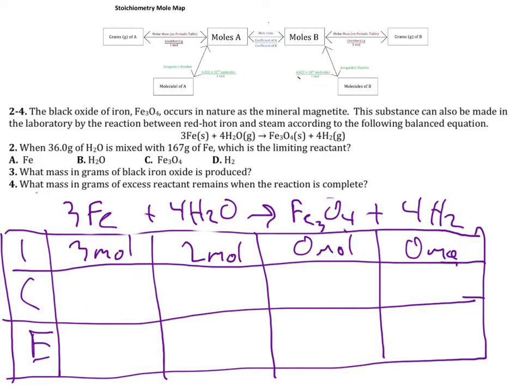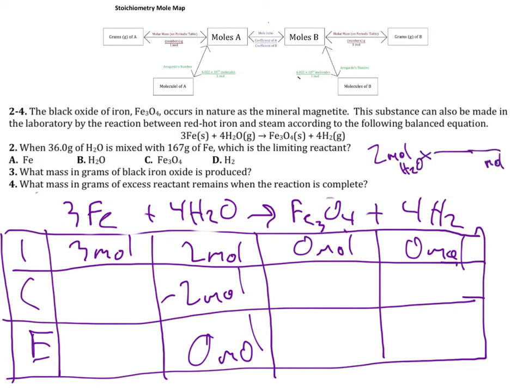Okay, so let's say that we're going to pick this one now, all right? So that means all 2 moles will be consumed. Okay, so that means that we'll end up with 0 moles. And then if we have 2 moles of water, we can go from moles of water to moles of iron, and this ends up being 1.5.